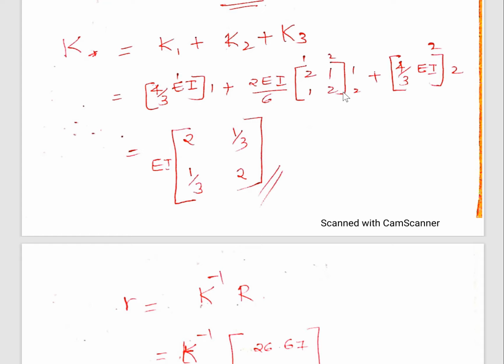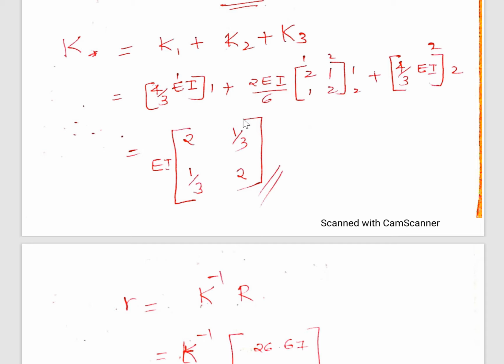K3 is for the 2nd element. So add accordingly. Here 1 1 is 4EI by 3. Here also we have 1 1, which is 2EI by 6 into 2. So 4EI by 3 plus 4EI by 6 is equal to 2.